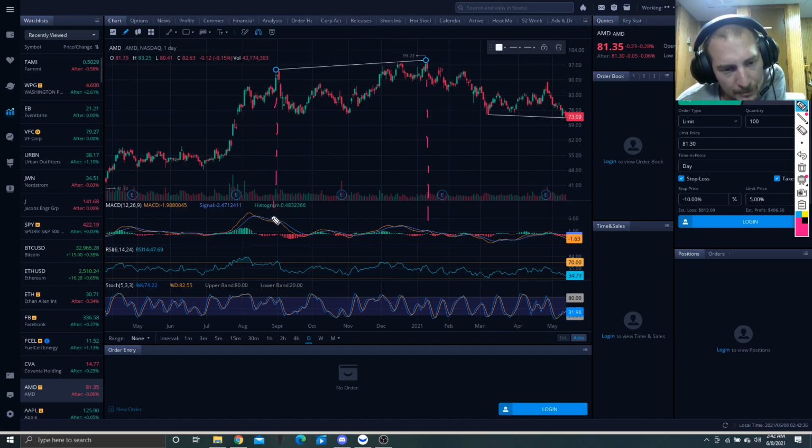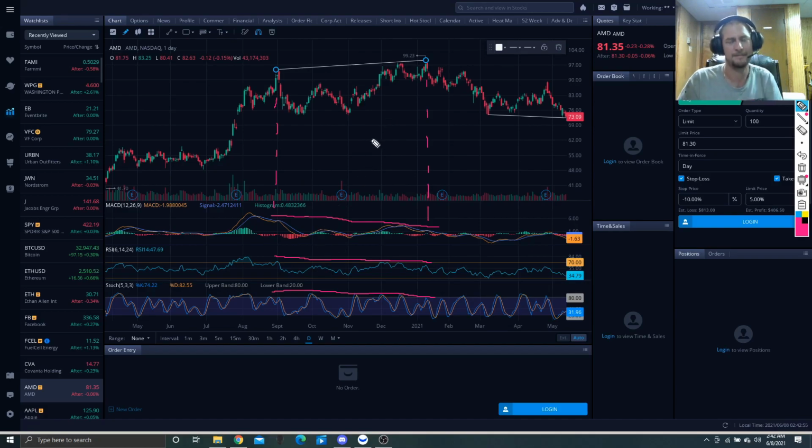Our MACD is very obviously making lower highs. And our RSI is very obviously making lower highs. And our stochastic is not quite making lower highs here either. But we have two of the three that are showing divergences. I don't know if I'd call that one a divergence though.